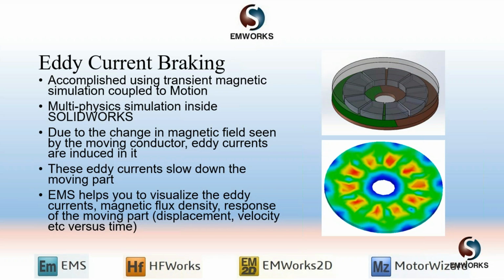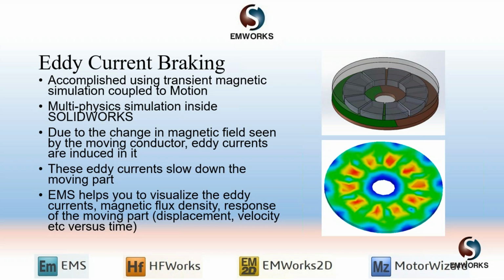Now when it comes to EMS, it helps you to visualize the magnitude and the distribution of these eddy currents. It also helps you to understand what the total magnetic flux density is in the vicinity of these moving conductors. And finally, along with SOLIDWORKS Motion, it helps you to determine the response of the moving component.